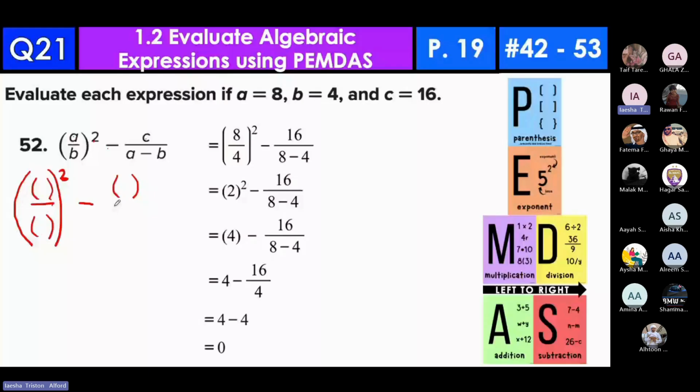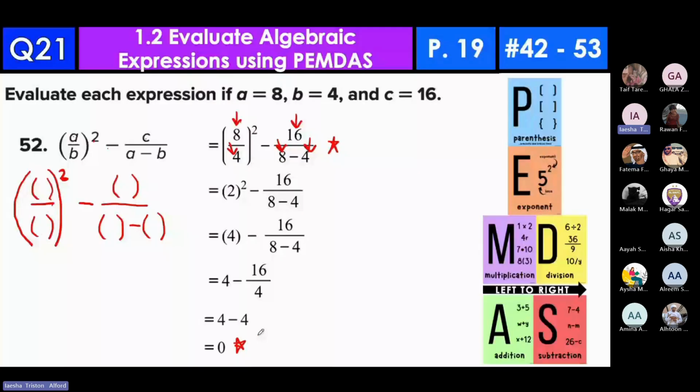The fraction bar, put parentheses for A, subtract, and parentheses for B. Put the numbers inside the parentheses. After you put them in the parentheses, you can type it, get the answer direct, or you can show more work.